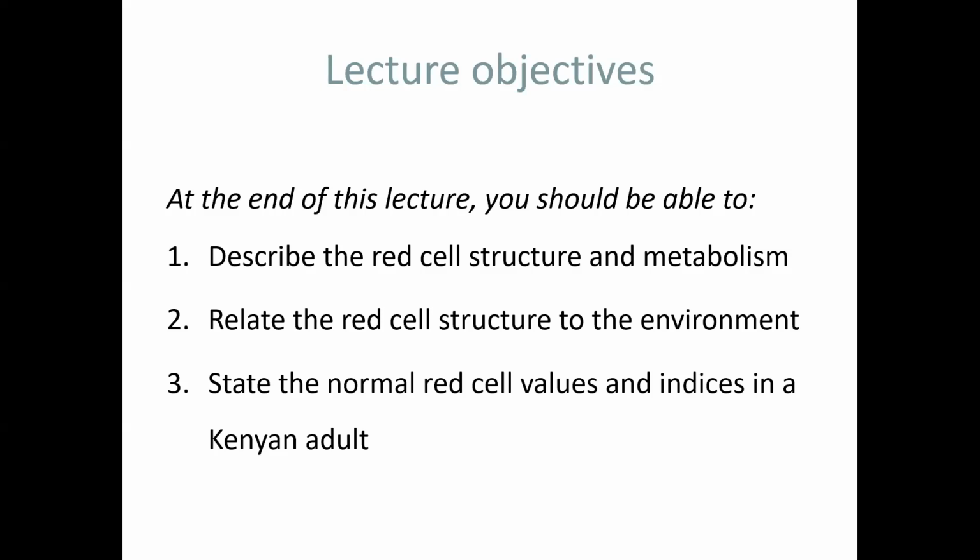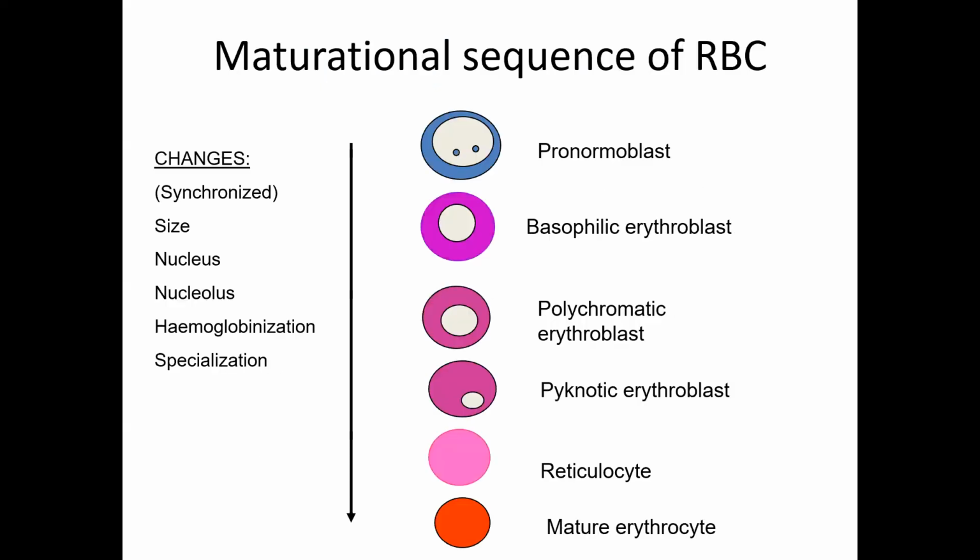I know you probably have had quite a lot of lectures in your physiology regarding the red cell functions, etc. So this is sort of like a recap, bringing them together and preparing you for the next series of lectures that you're going to be having.